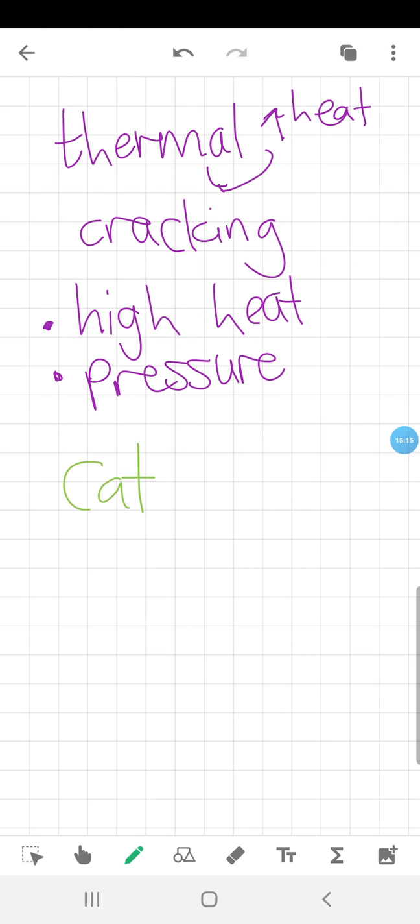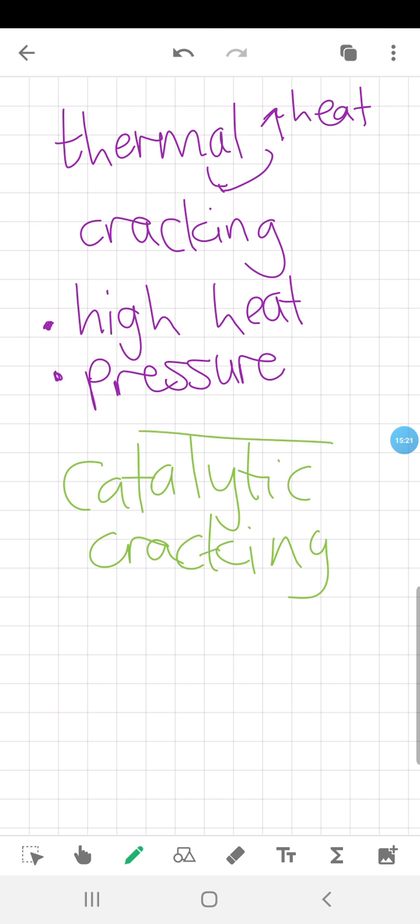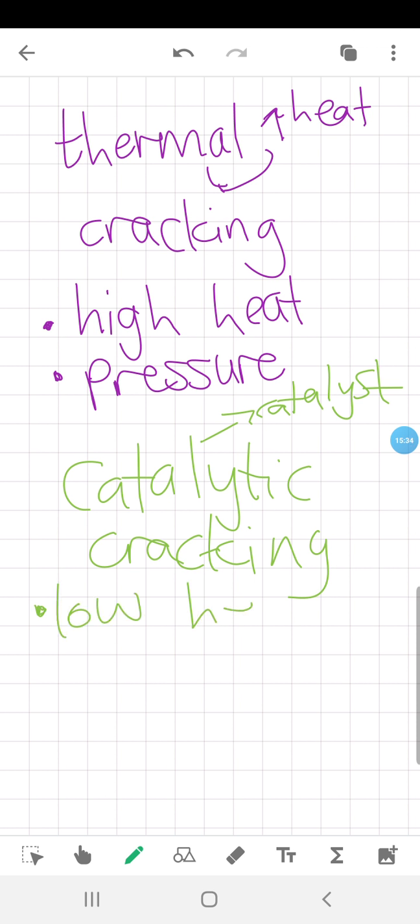In catalytic cracking, we do use a catalyst, because the word catalytic is associated with a catalyst. So here we use low heat because it's the opposite of thermal cracking with regards to heat, because in every other type of elimination reaction we always use high heat, in dehydrohalogenation, in dehydration, and in thermal cracking, which is literally saying heat.